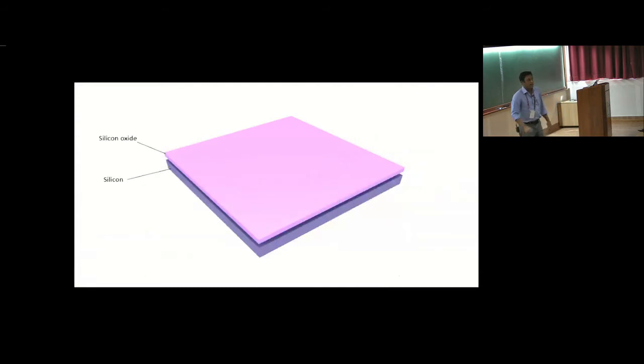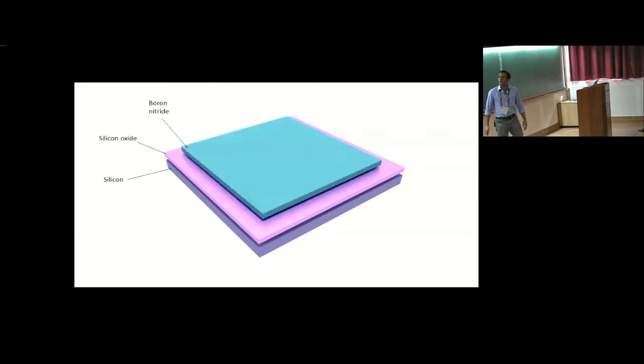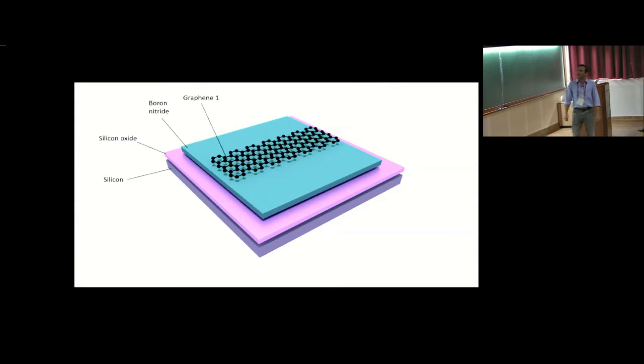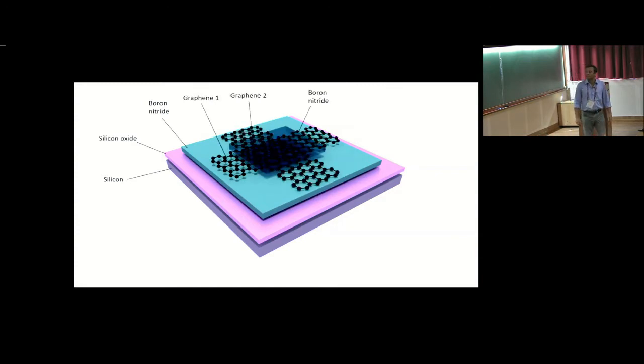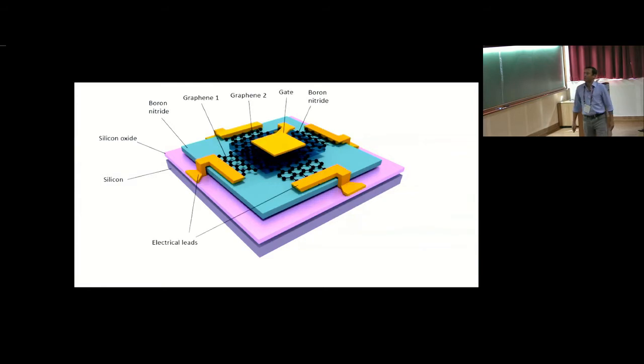For experimentalists here, very few, I know, but still, the way we make the experiments is we take a silicon oxide surface, we put a boron nitride layer, then we put a layer of graphene, we put a second layer of graphene at an angle that you wish to, and then we put another layer of boron nitride to cover the overlap region where you form the twisted part, and then we put another gate to cover the overlap region.